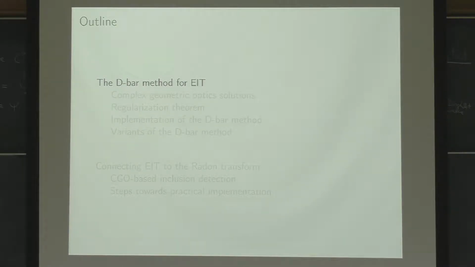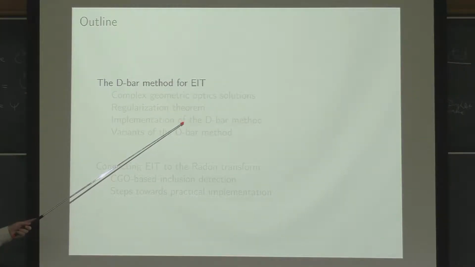Okay, so this is the structure. I thought that first I talk about the classical D-bar method, with first the complex geometric optics solutions, and then I show you how to prove that we can get a regularization strategy out of it.